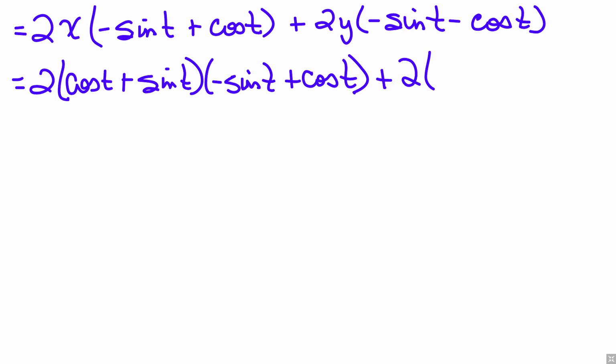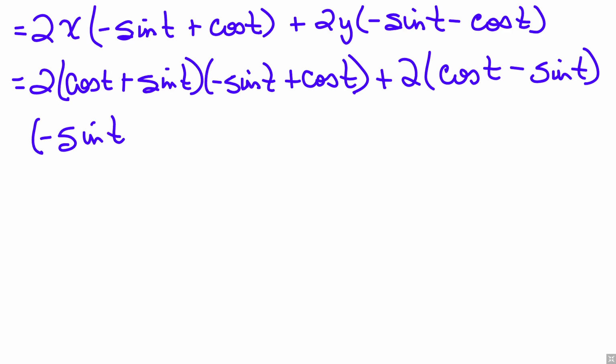Plus 2 times cosine of t minus sine of t, multiplied by negative sine of t minus cosine of t. Essentially, we're going to simplify this out.